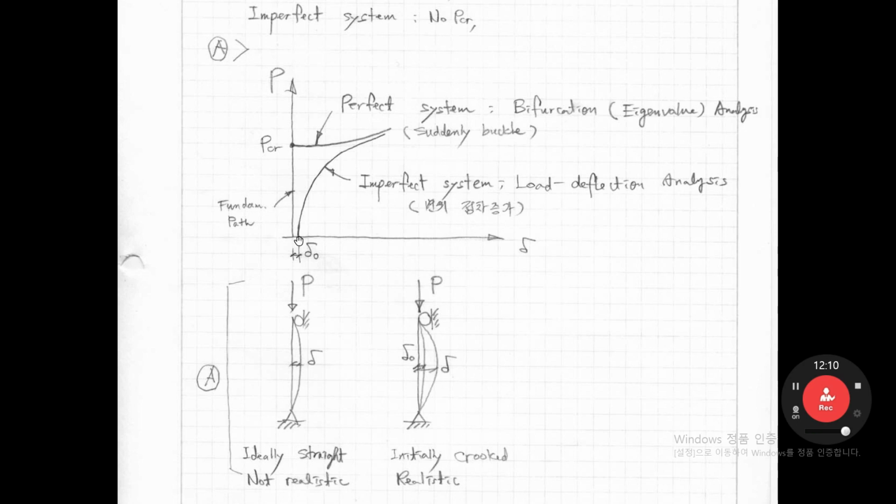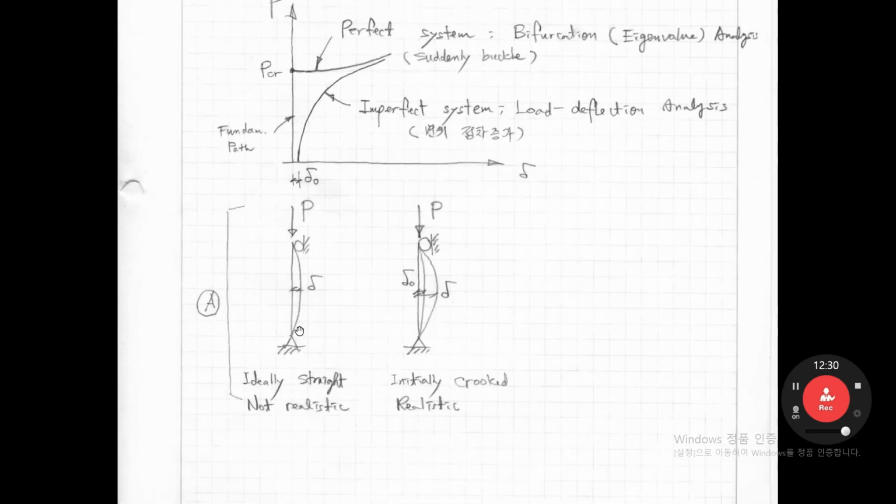For an imperfect system, this kind of analysis is called load deflection analysis, because as load increases, deflection increases. So this ideally straight column is not realistic. A realistic column is in fact an imperfect system.